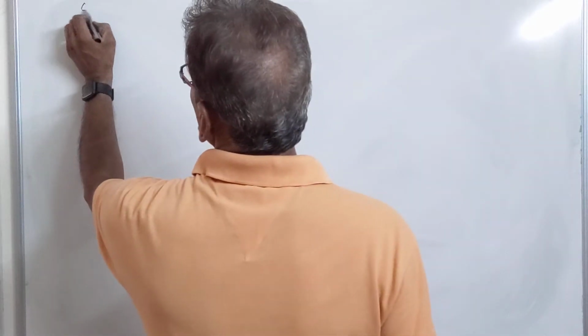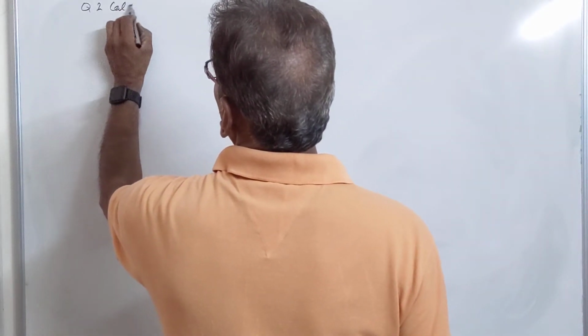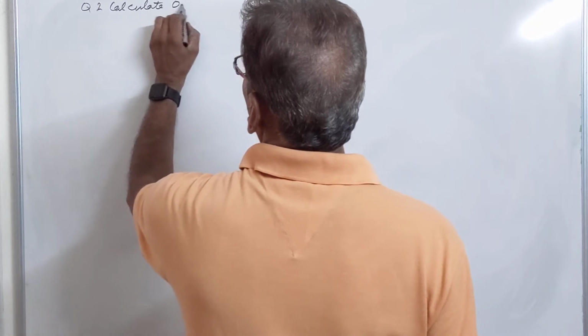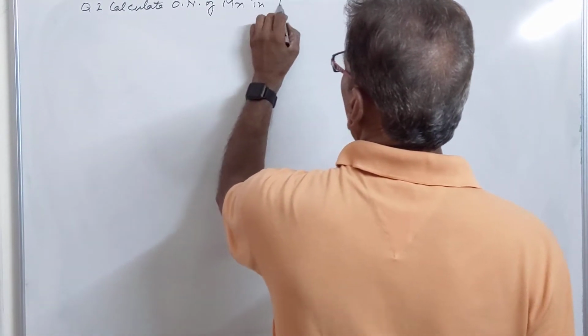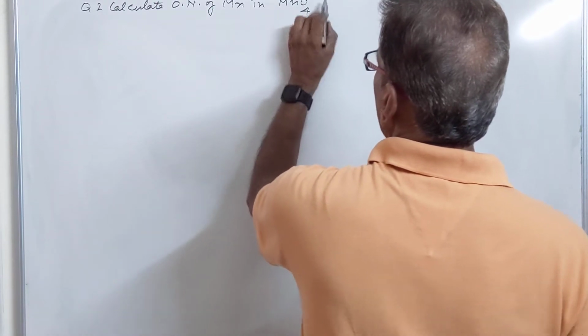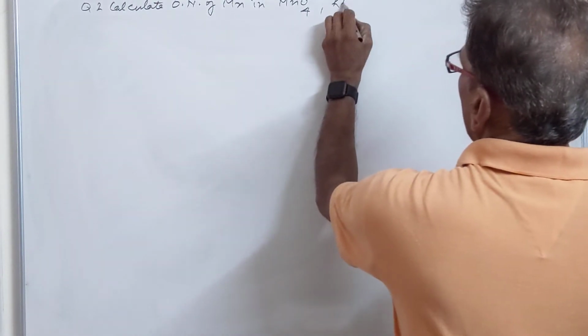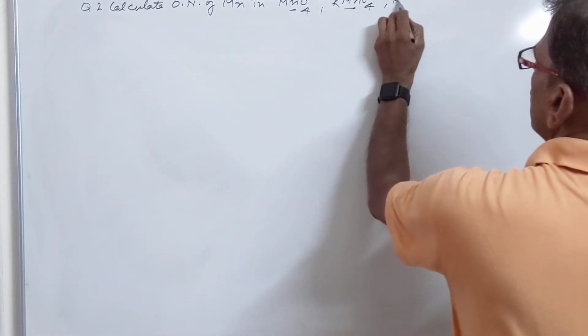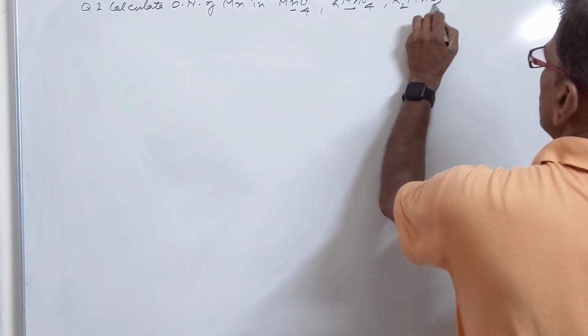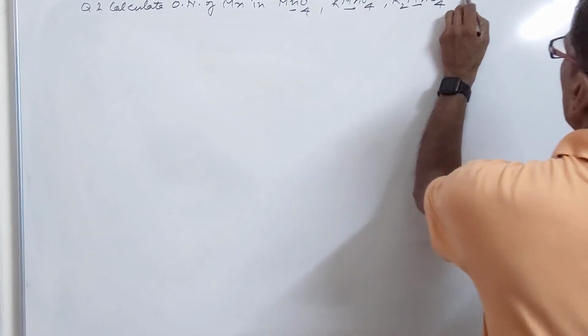Let us now solve a problem. Calculate the oxidation number of manganese in MnO4 negative ion, KMnO4, K2MnO4, MnO2.